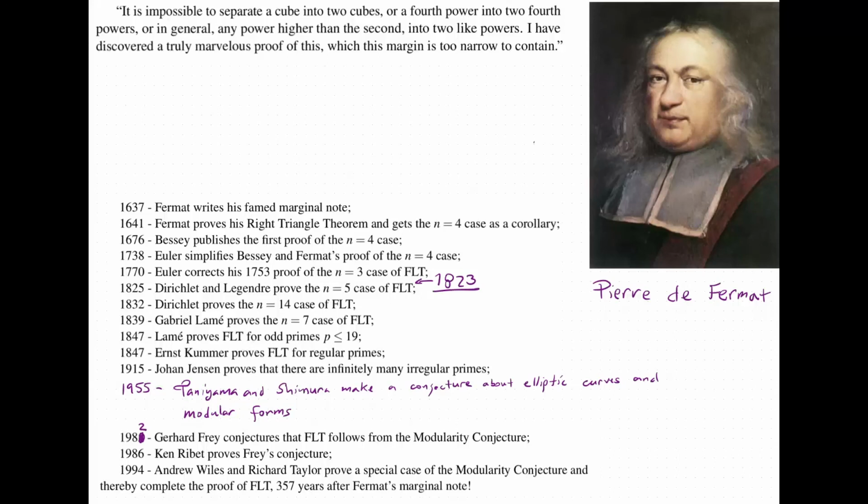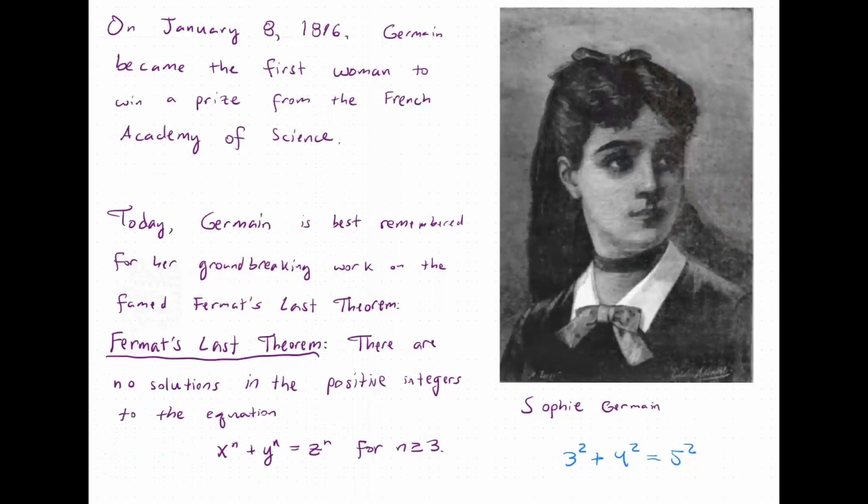No one knew how to do it in generality. With Sophie Germain, what occurred was that following the awarding of the prize from the French Academy of Science, the Academy stated that they would then award a new prize to whoever solved Fermat's theorem. And Sophie Germain, having won the prize, decided, I am going to learn everything I can about the history of Fermat's theorem, what has been done before, and try to prove it myself.